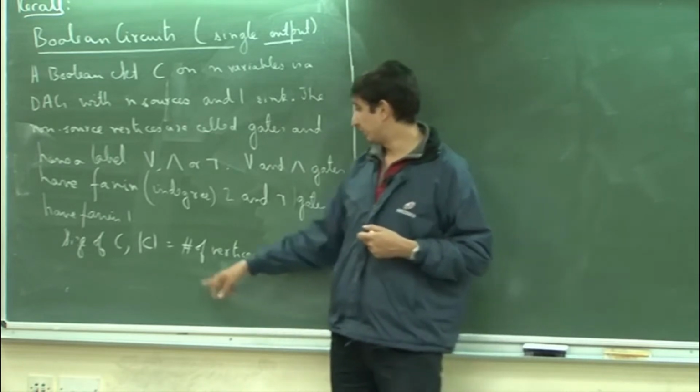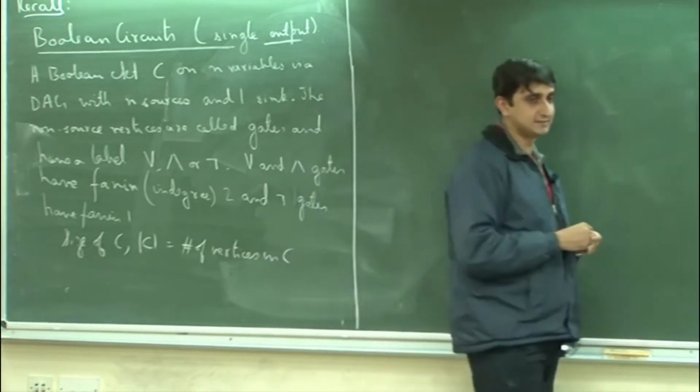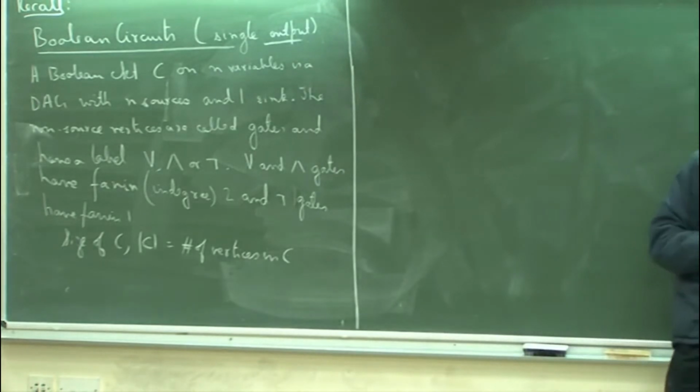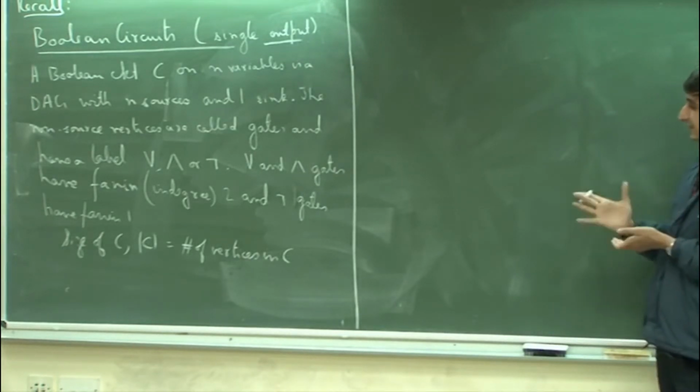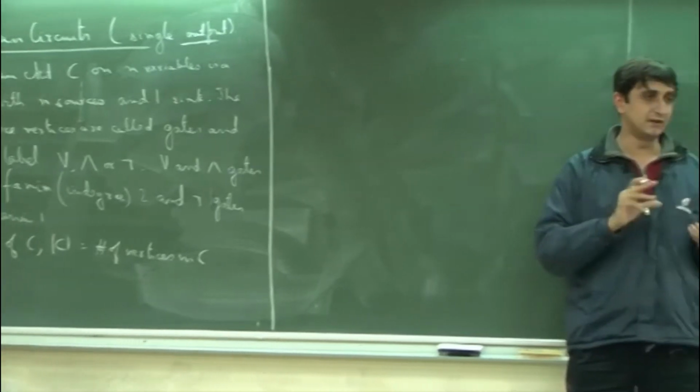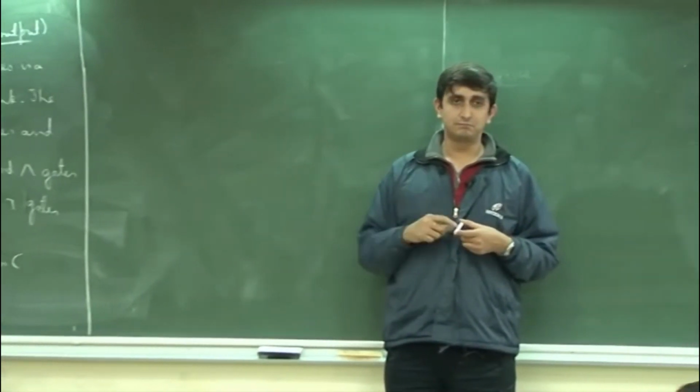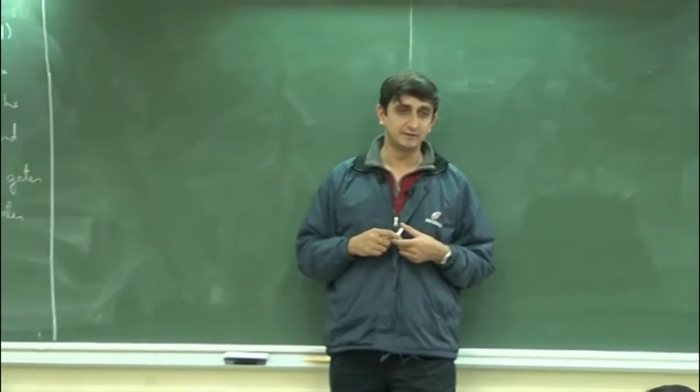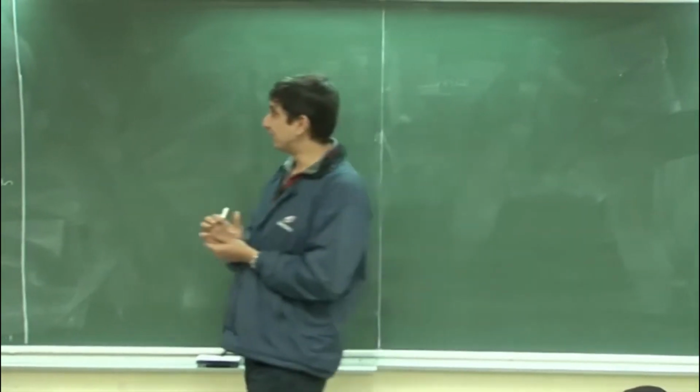That is why I want all the vertices to be part of the size. But actually, as we shall see, all these things do not matter much. There is only a constant factor difference between these things.